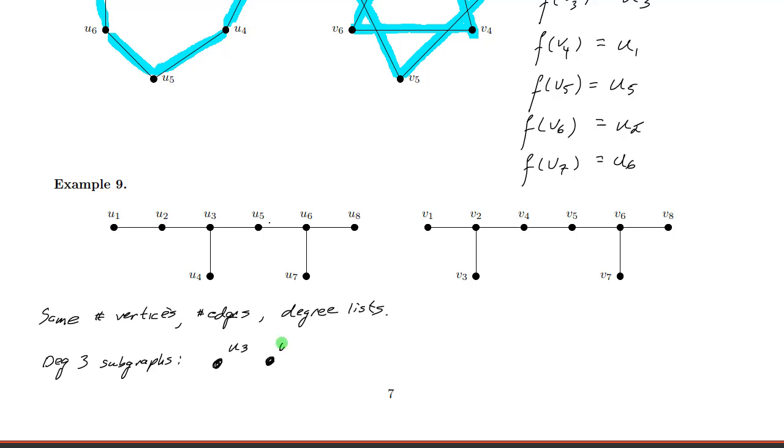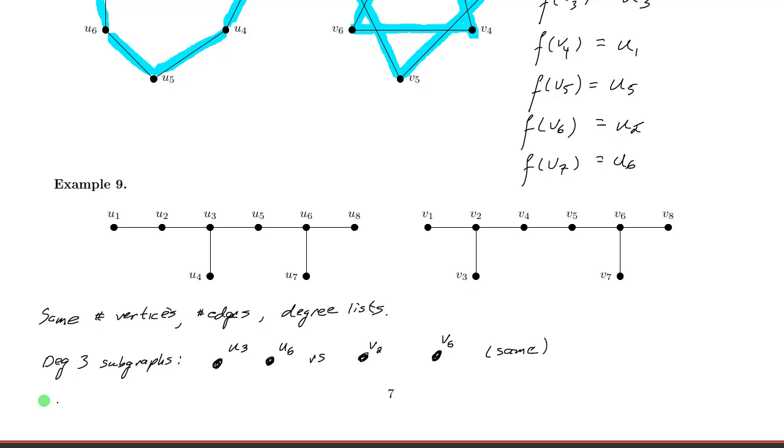Those aren't adjacent over here, so I'm not going to have anything between them. And comparing that to V2 and V6, those look the same. So that doesn't tell me that they're non-isomorphic. So we'll try something else.